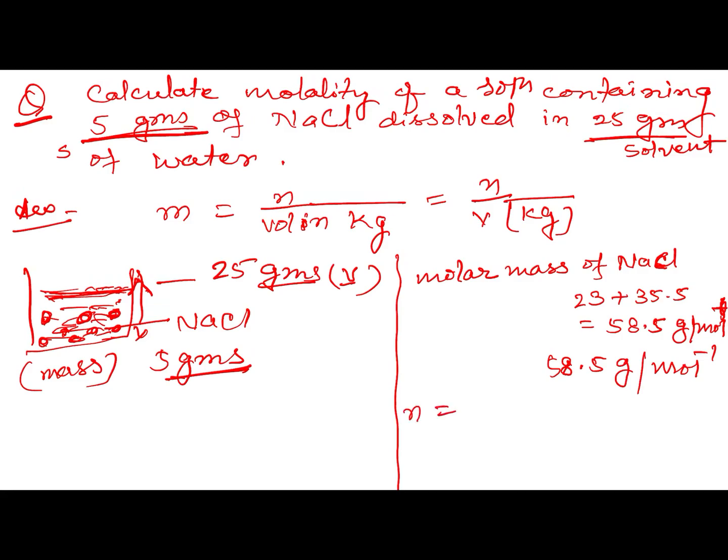Now calculate number of moles. Mass is given here, 5 grams. Given mass is 5 grams divided by 58.5 gram per mole is equal to 0.086 mole.